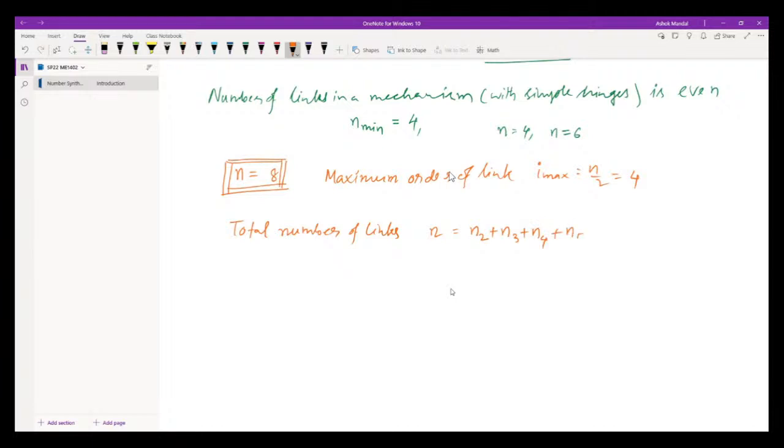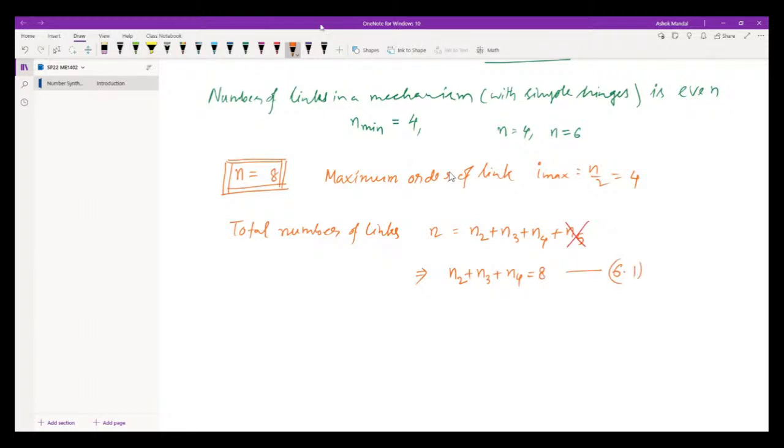Can we have n5? No, sir. We cannot have n5, right? So n2 plus n3 plus n4 is the only possibility. So we can write n2 plus n3 plus n4 is equals to 8. This is our equation 1.